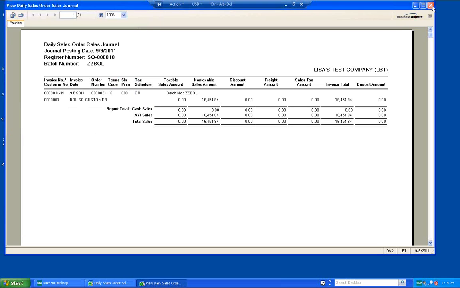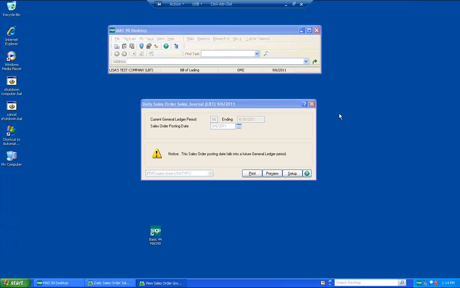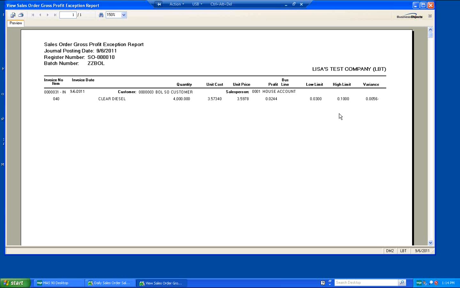If you are in a state that sales taxes your fuel, the next journal that would come up would be your sales tax journal. If the gross profit exception report is set up, you will also get this. Notice, if our somewhat clueless user here was paying attention to the gross profit exception report, he would see that he is not getting the 5 cents that the company expects him to.